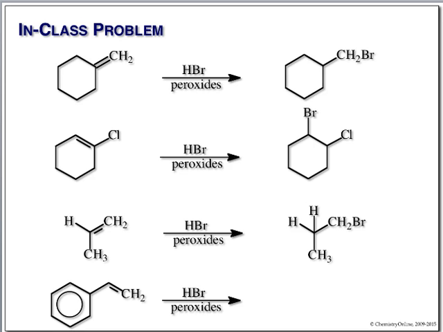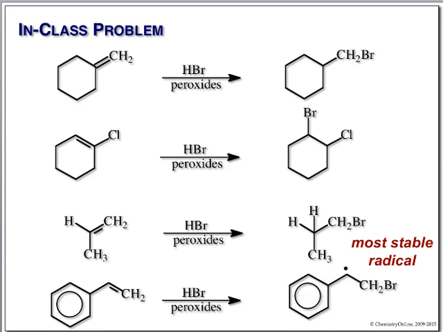Well, it's also going to be a very, very stable radical. Therefore, our most stable radical is going to be here at the benzylic carbon. That means bromine adds out here. And once we have our stable radical, this will then abstract hydrogen from HBr, and there's our product.